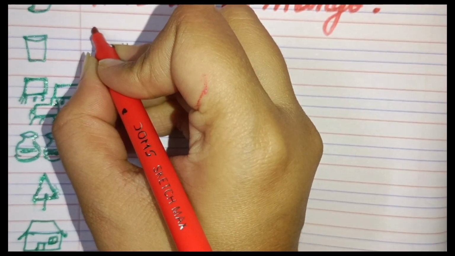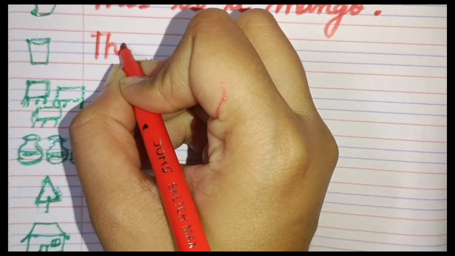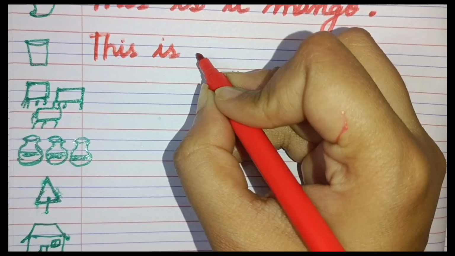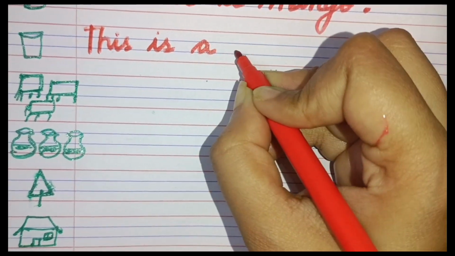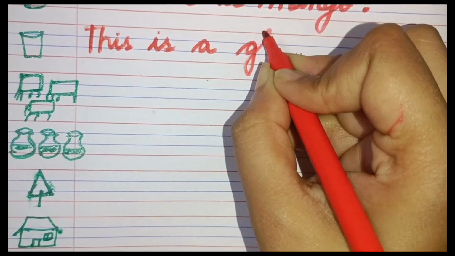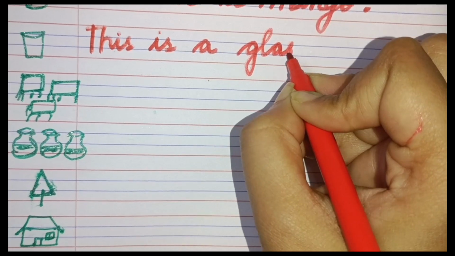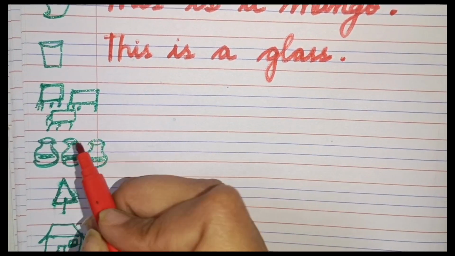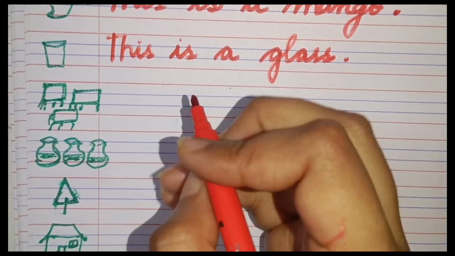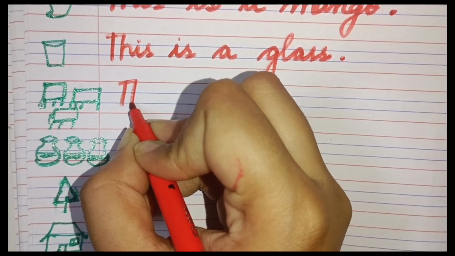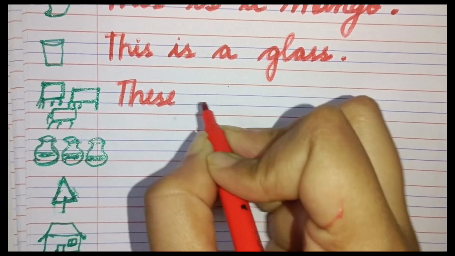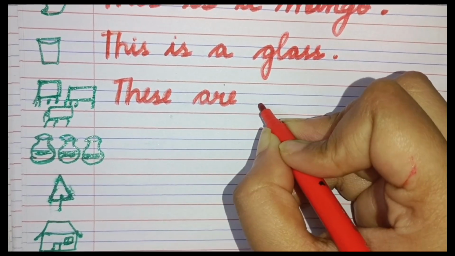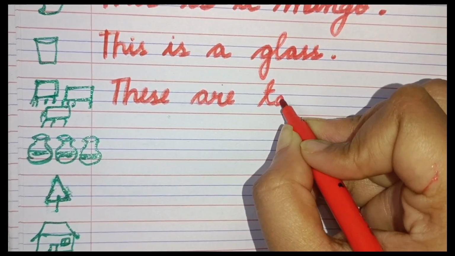So we will write, this is a glass. Next, three tables are here. So we will write, these are tables.